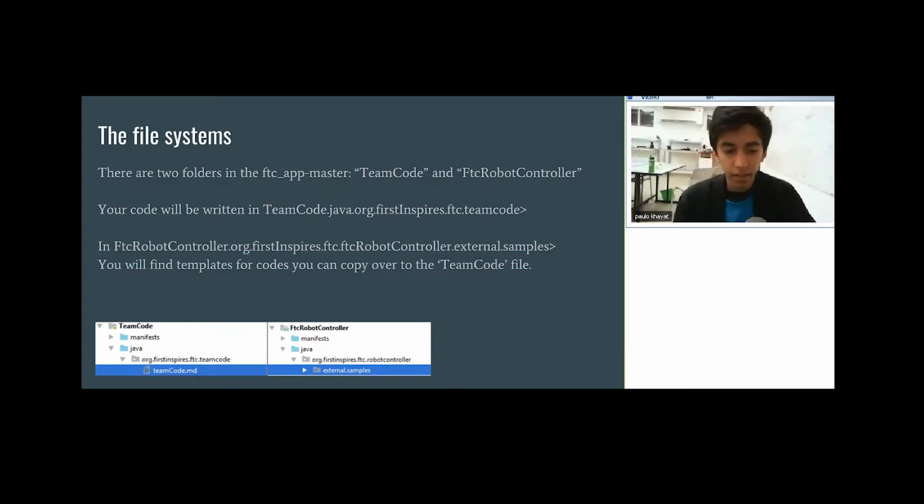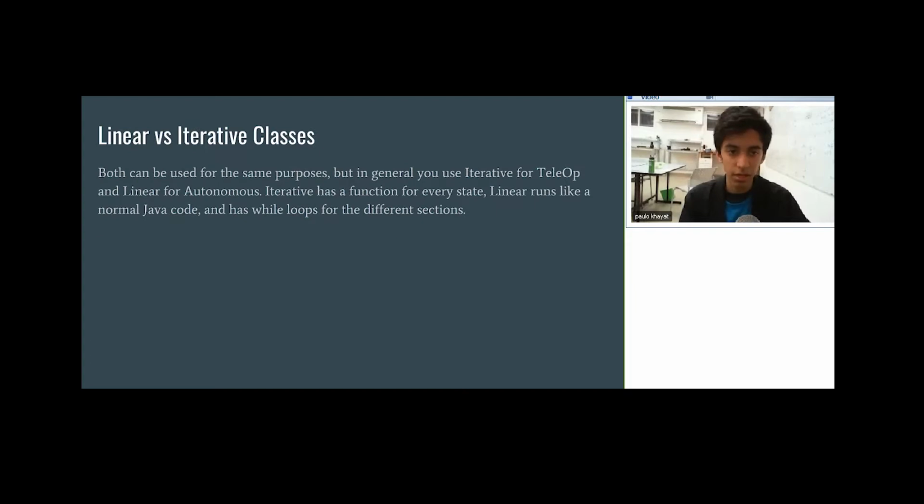Okay, now for the very basics, there are two types of classes that you could use. There's linear and iterative. Both can be used for the same purposes, but they're just structured differently. Mostly, if you want it to be a little bit cleaner, you use iterative for teleop and linear for autonomous.